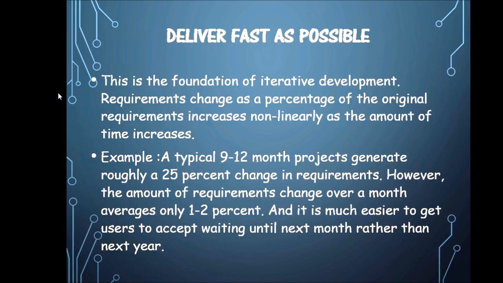Example: a typical 9 to 12 month project generates roughly 25% change in requirements. However, the amount of requirement change over a month averages only 1 or 2%, and it is much easier to get users to accept waiting until next month rather than next year.